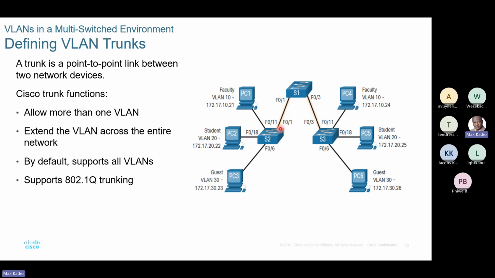F0/1 will carry frames from VLAN 10, VLAN 20, VLAN 30; they all go via F0/1 to go somewhere. So F0/1 is called a trunk port. A trunk port allows more than one VLAN.